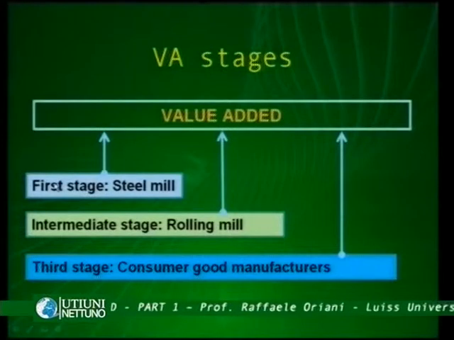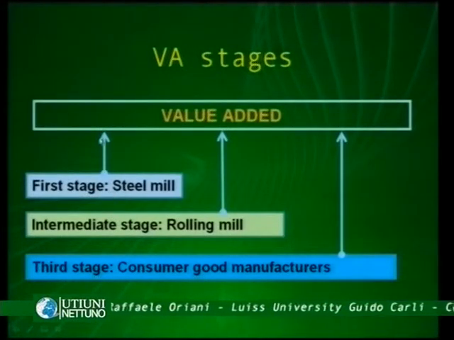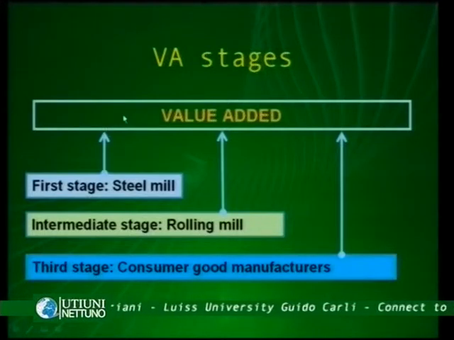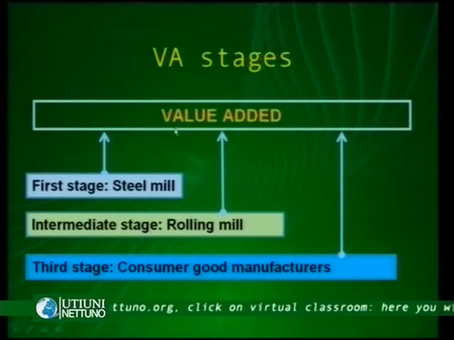So here you see that each of these stages contributes to value added, because each of these stages is adding value to the inputs that have been employed in the production. So here the three arrows that you see represent the contribution of each of the three stages to the value added.